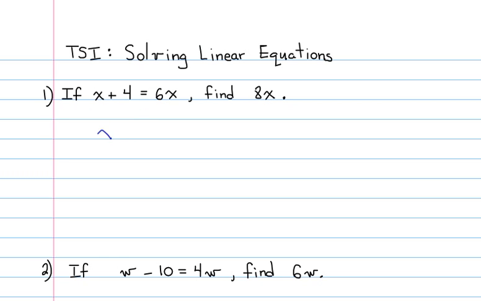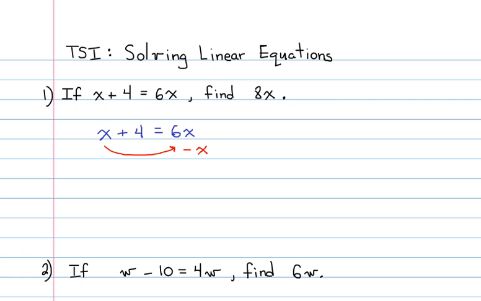So we have x plus 4 is equal to 6x, and what I want to do is solve for x here. So I need to get this x and move it over to the other side. When I do that, this x was positive, so when I move it over it becomes negative, so we have minus x there.